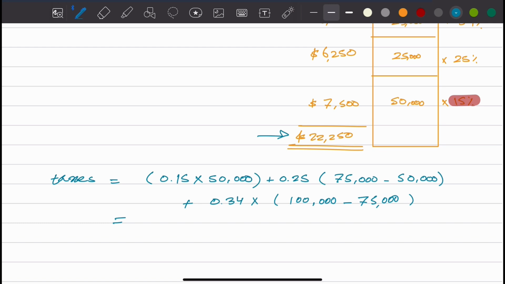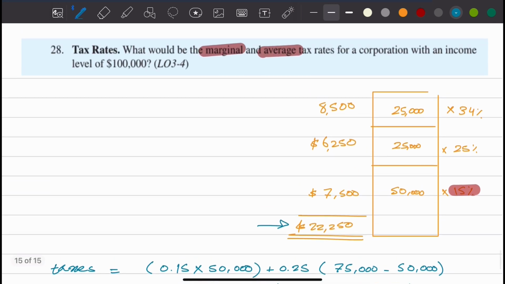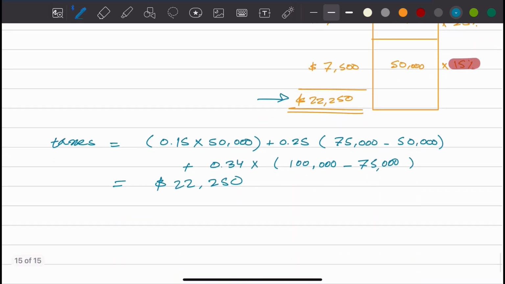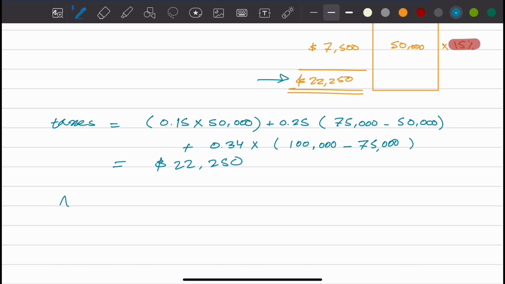And I got the same exact answer, which is $22,250. So this is the actual amount of tax that the company is going to pay if they have an income of 100,000. That still doesn't answer the question.